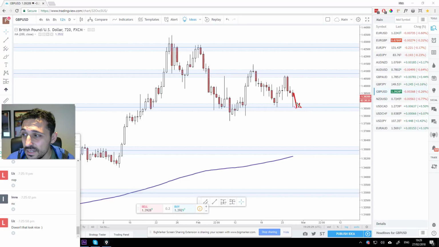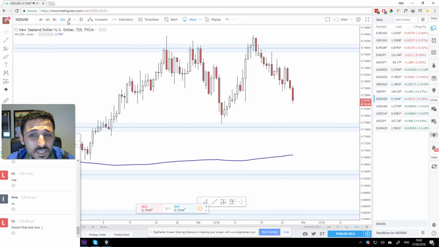I'm very curious to see what happens. If there's any buyers left in this area to give us a potential reversal, or if it clears straight through it, then comes back up to it, it could give us a continuation. Worth keeping an eye on GBPUSD right now, but there's no clear setup at the moment. Not at all.